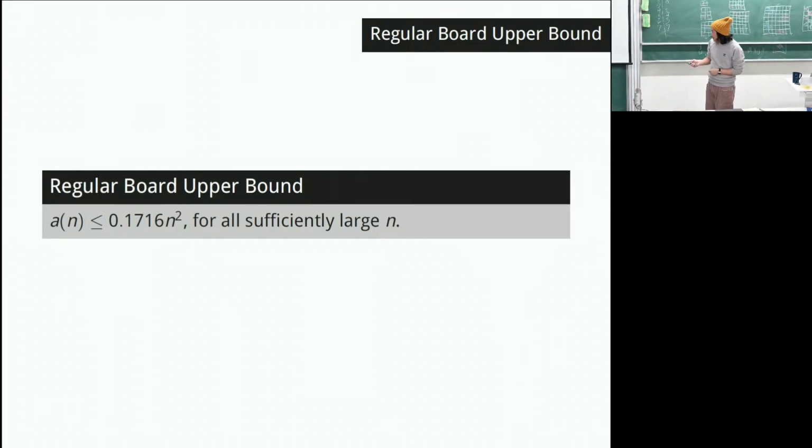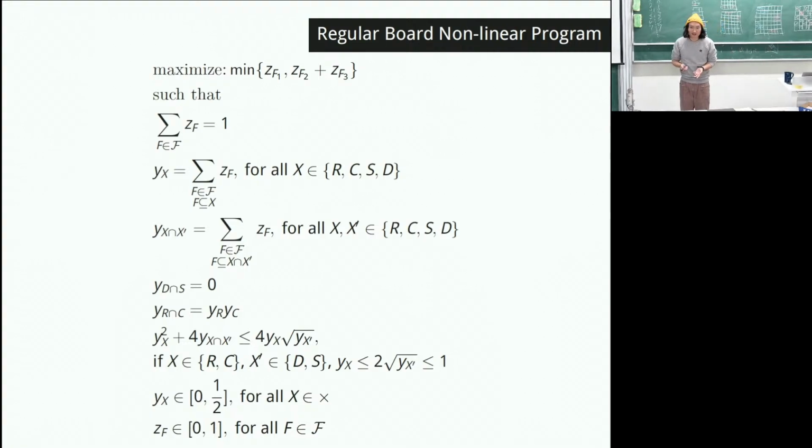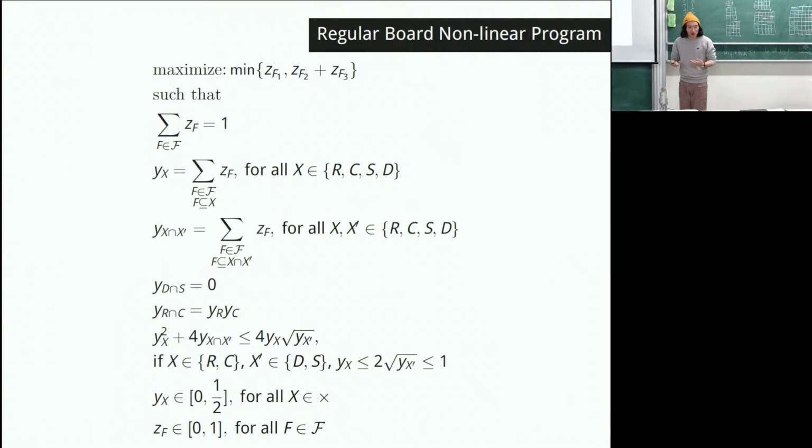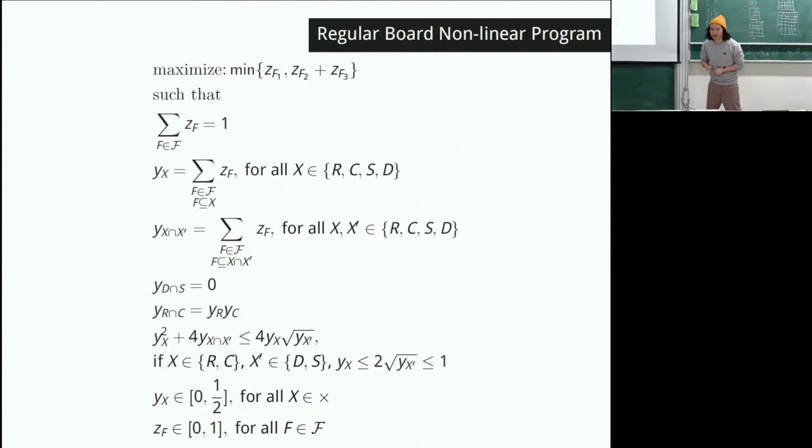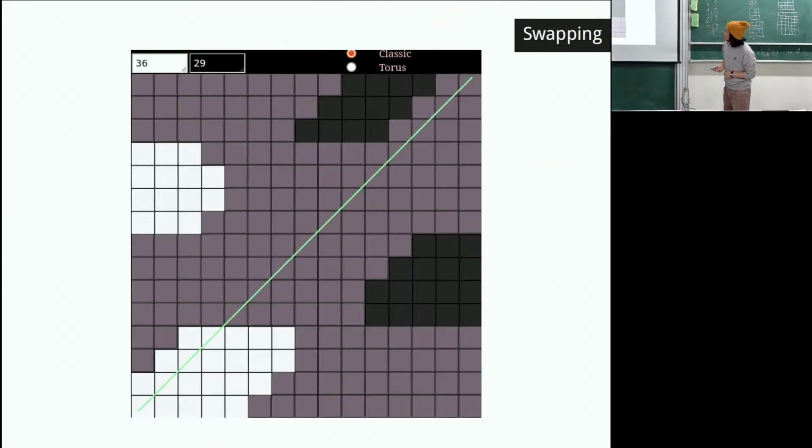But if you can think of any other constraints that these sets should satisfy, we can put it into our HAL 9000, and maybe it will get a better bound. For example, we didn't have anything about triple intersections, like rows versus columns versus a diagonal. Okay, so that's the regular board.